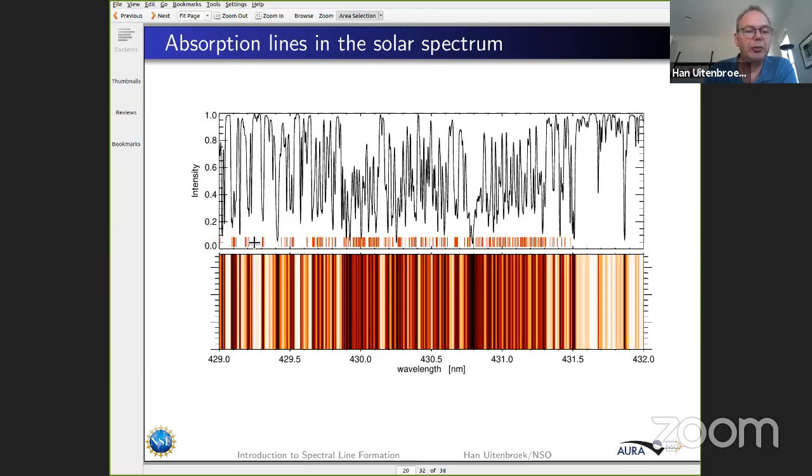This is called the G band because each of these little tick marks indicates the position of a CH molecular line, and there are so many of these lines that the intensity in this band is considerably reduced compared to wavelengths that are smaller or larger. So how come that we have these positions in wavelength where the intensity is substantially lower than at the surrounding wavelengths?